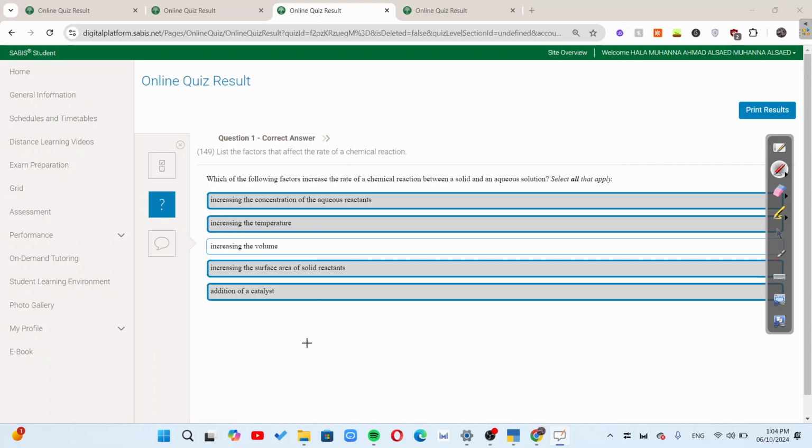Know that the factors affecting aqueous solutions are concentration. The symbol symbolizes concentration, by the way. Temperature, catalyst.